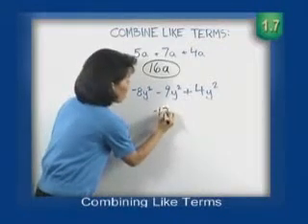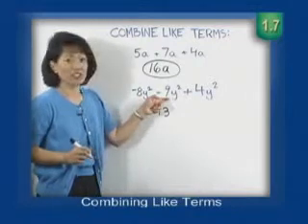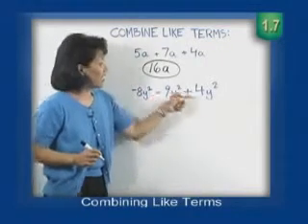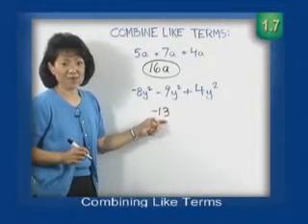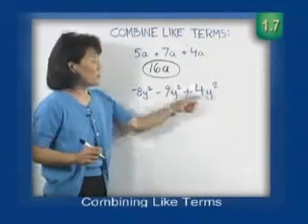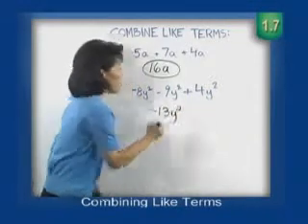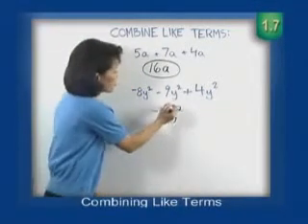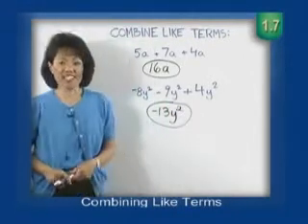The easy part about combining like terms is that we just carry along the variable portion, which was the same for all three terms. So these three simplify to negative 13y squared.